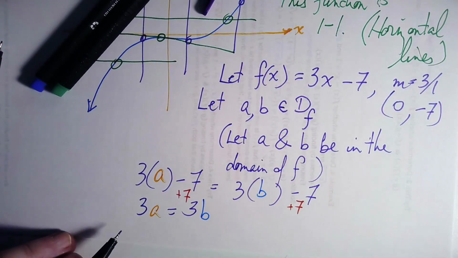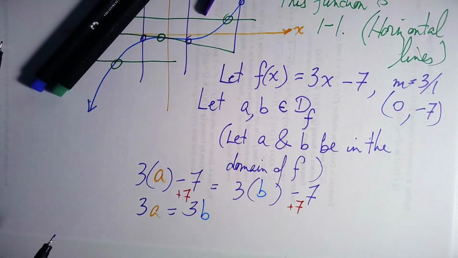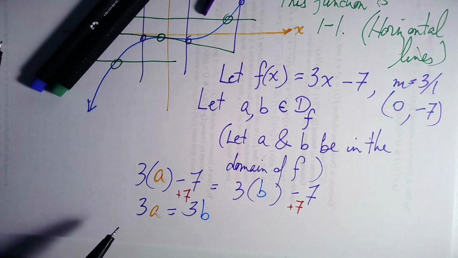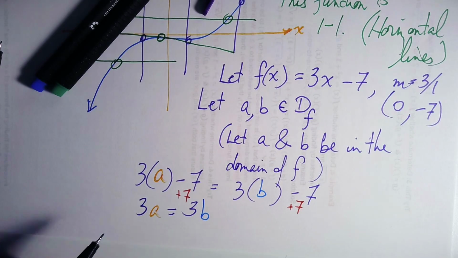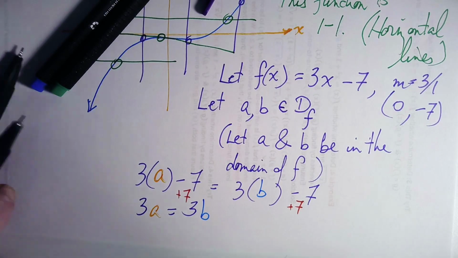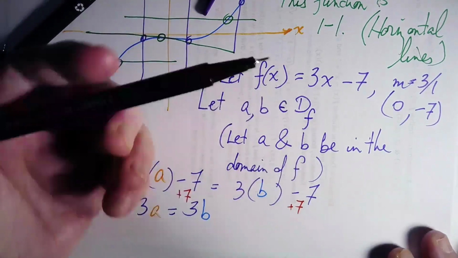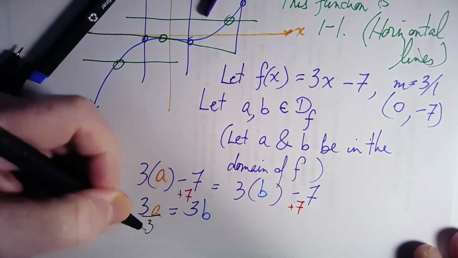How can we get A by itself? Subtract 3 from both sides? Is 3 added to A? Sorry, divide on both sides. Okay, good, very good. So we're going to divide by 3.